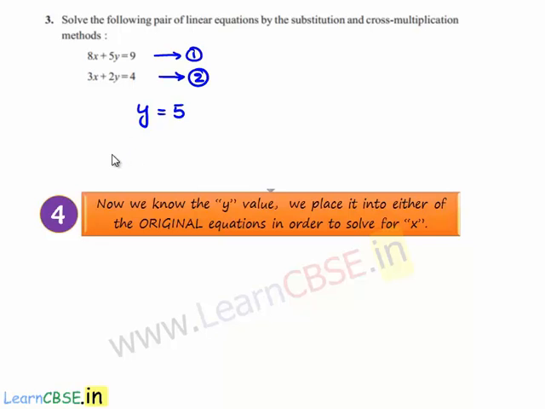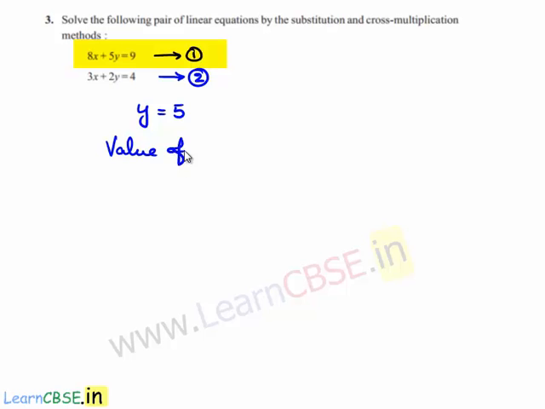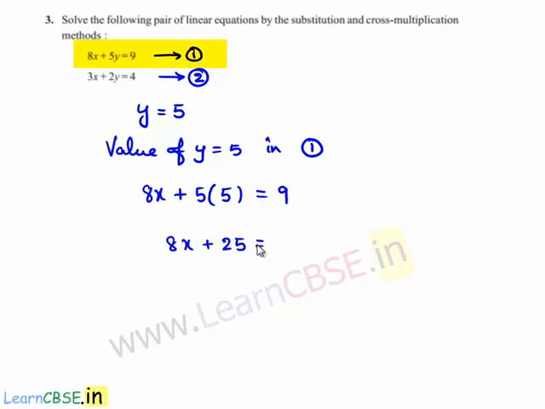So let us substitute the value of y, which is 5, in equation 1. So we get 8x plus 5 times of y, which is 5, is equal to 9. So 8x plus 25 is equal to 9. So 8x is equal to 9 minus 25.